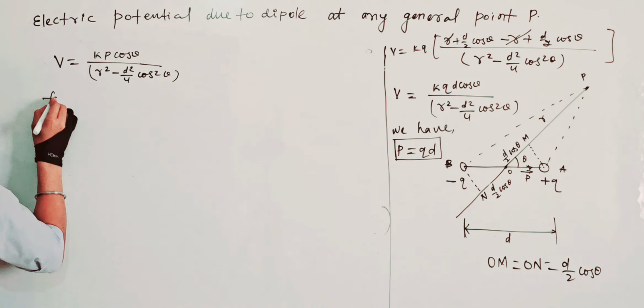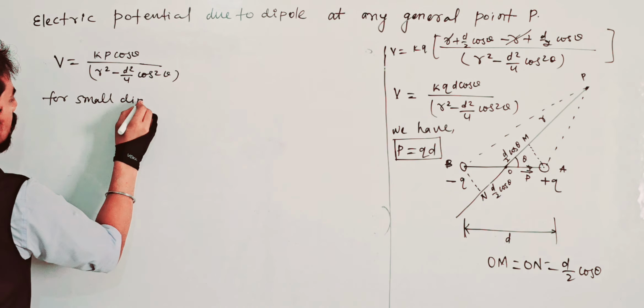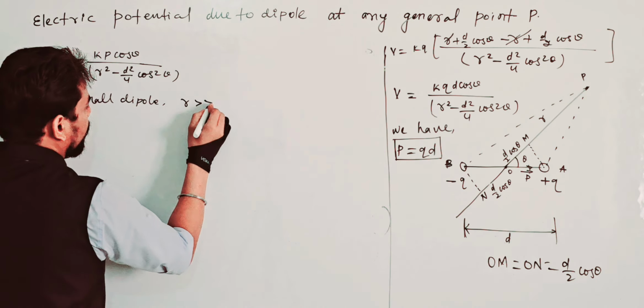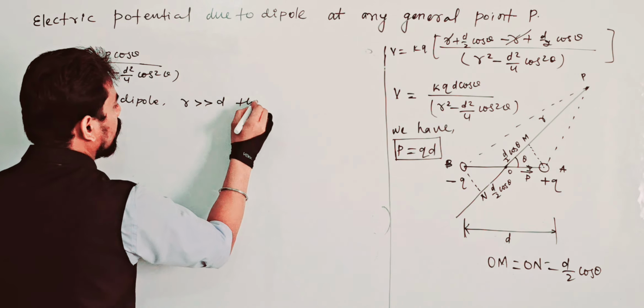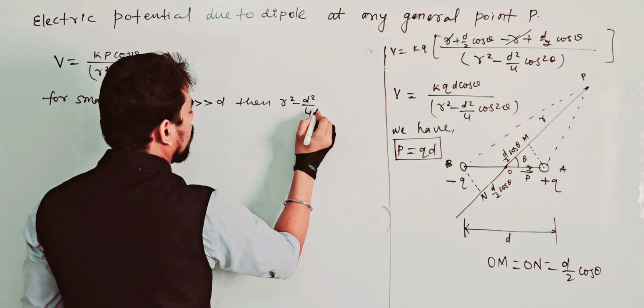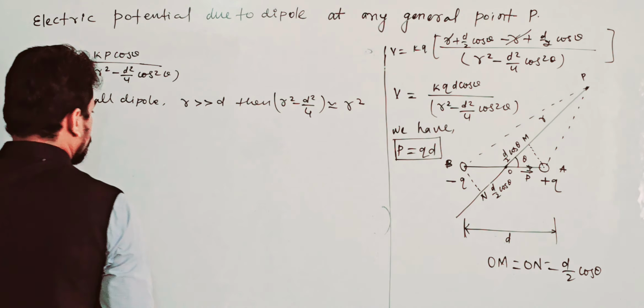For a small dipole, if r is very much greater than d, then r square minus d square by 4 is approximately equal to r square.